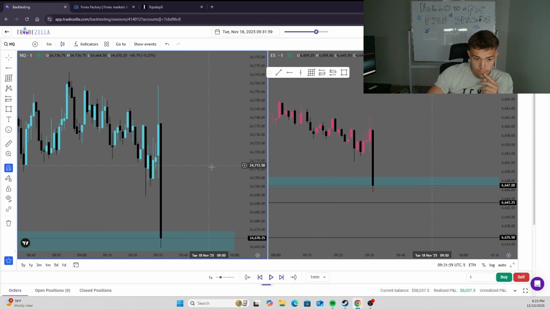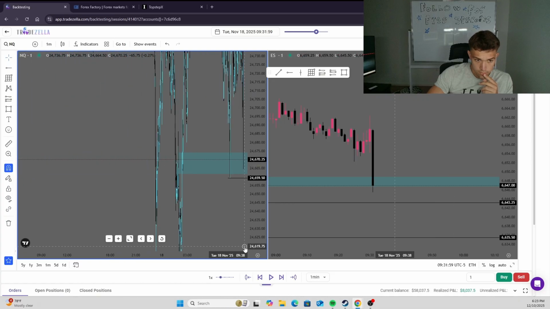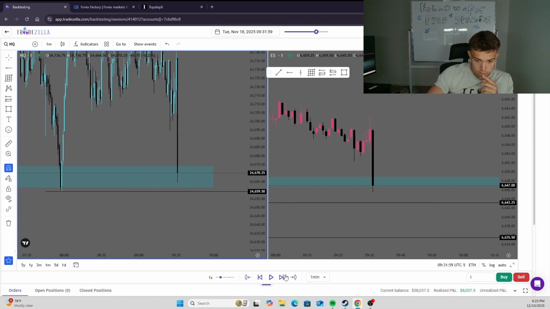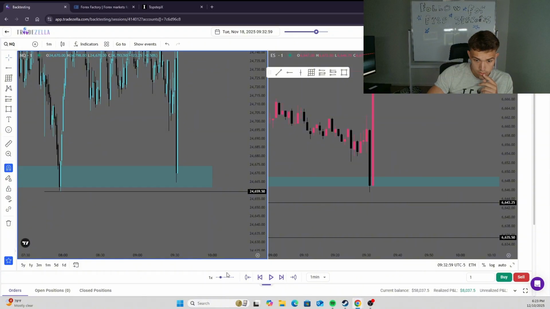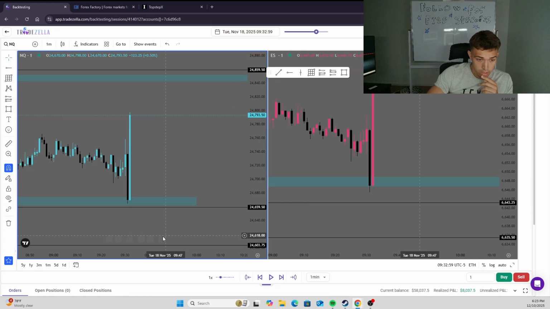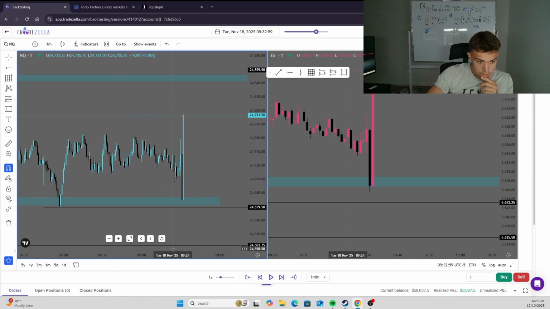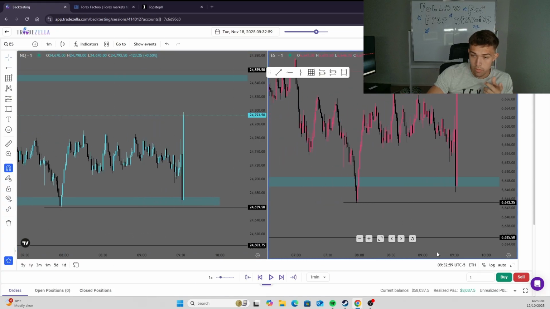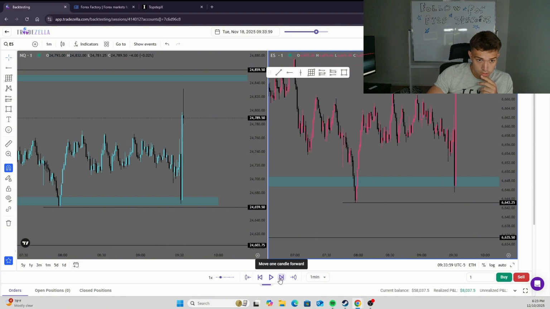5-minute time frame. All right. So boom. We take out this low. Did it. Okay. Didn't take out that low, but we respected that fair value gap. Next candle. Let me see.